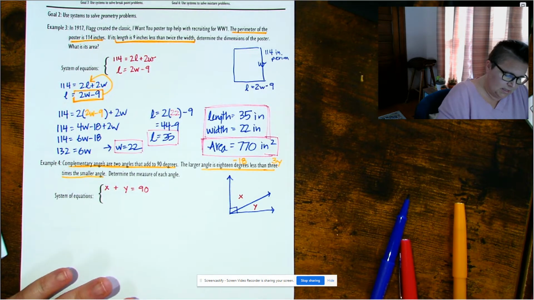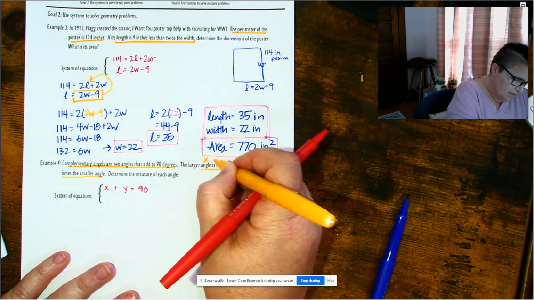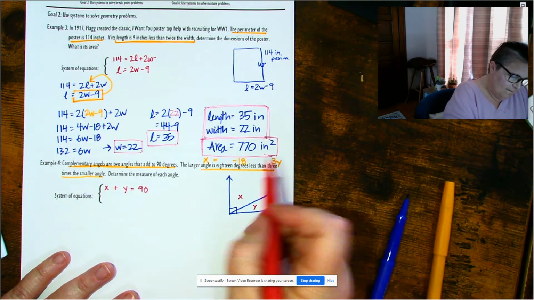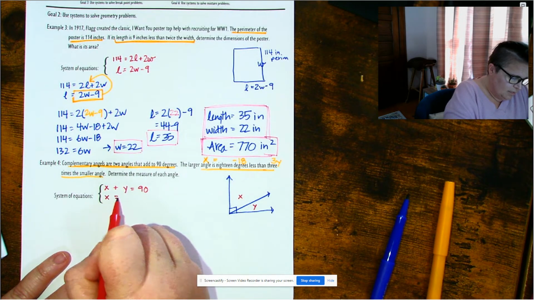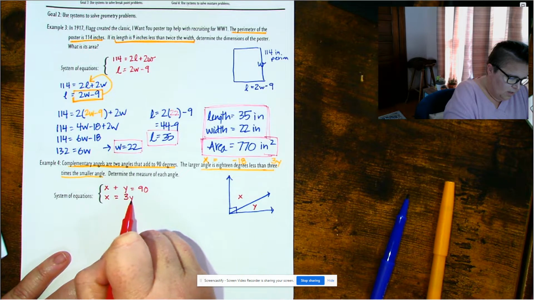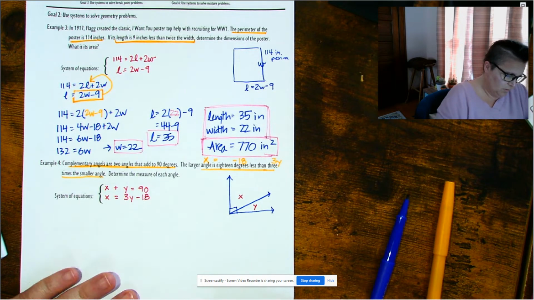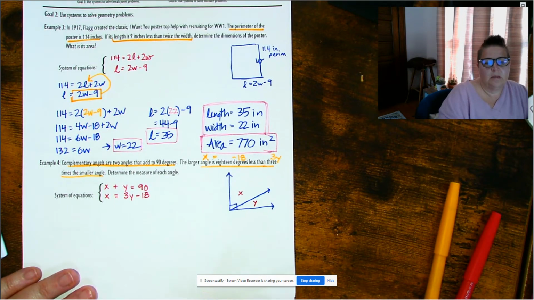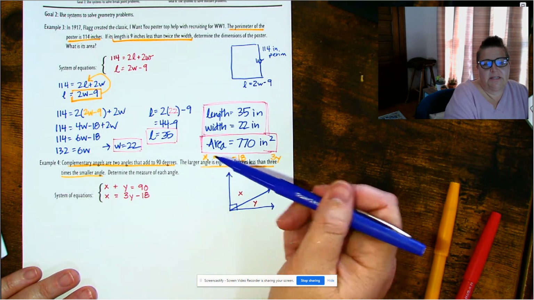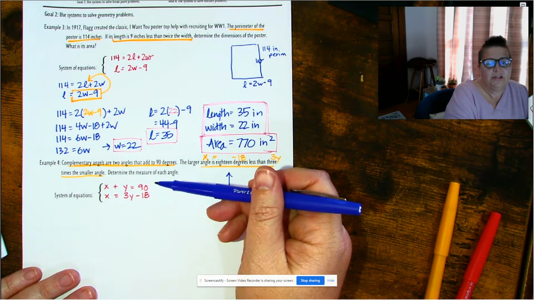So this is telling me that that larger angle, which is x, is 18 degrees less than 3y. So x is 3y minus 18. 18 degrees less than 3y. Okay. I've used each one of the sentences in the word problem to assist me in setting up an equation.